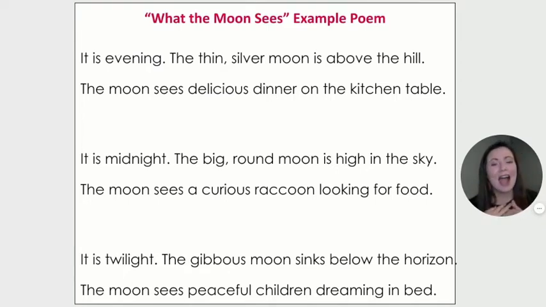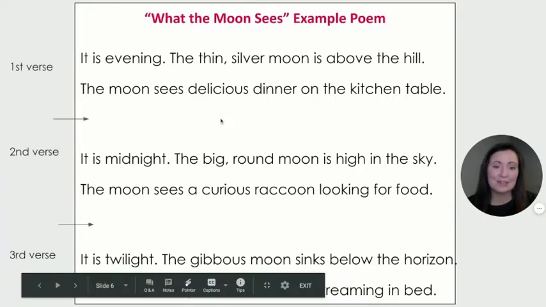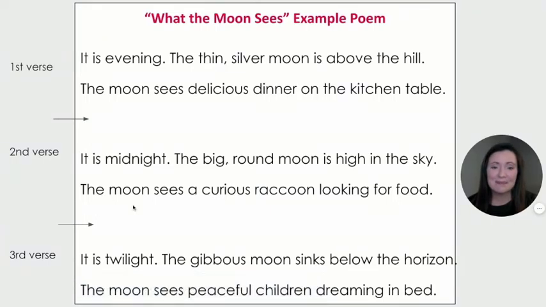And just like our poem will have verses, we learned that this poem has verses too, and that's because of these spaces. Since we've already taken time to analyze verse 1, today we are going to analyze verse 2, right here.